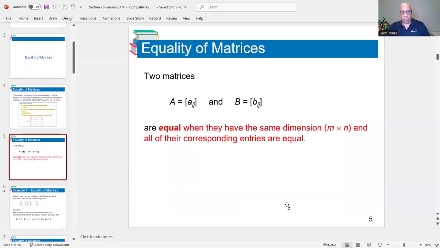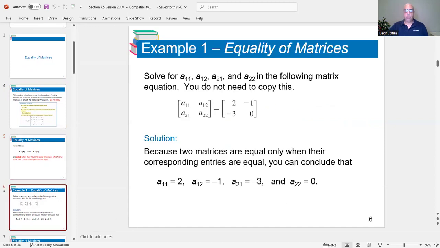Two matrices are equal when they have the same dimension, m times n, and all of their corresponding entries are equal. Now, solving for A11, A12, A21, and A22 in the following matrix equation.